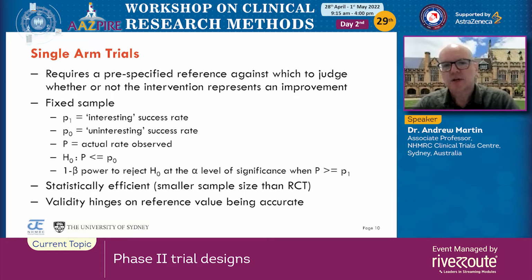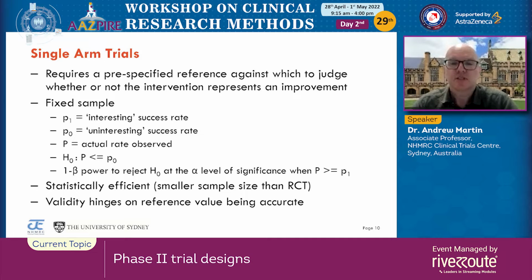And so we would specify, for example, P1 as what constitutes an interesting success rate, P0 as what constitutes an uninteresting success rate. And then we would be specifying the alpha and beta we were prepared to live with in our study. And we then have our design.